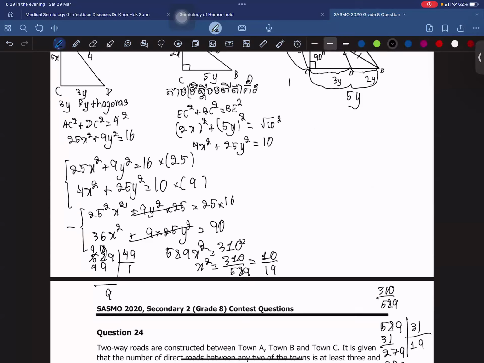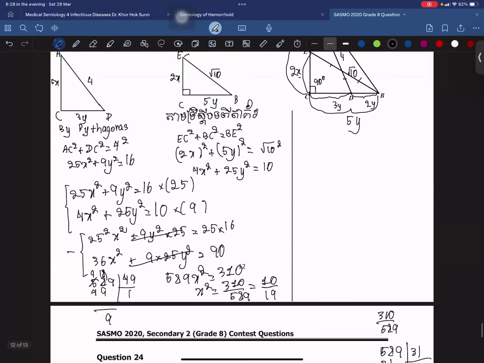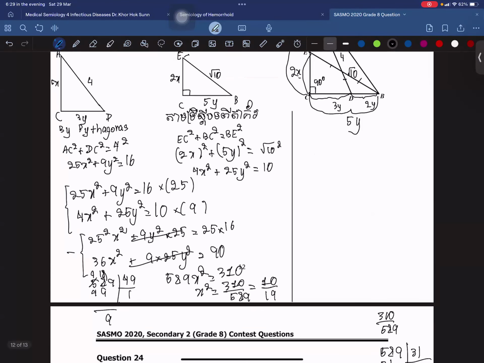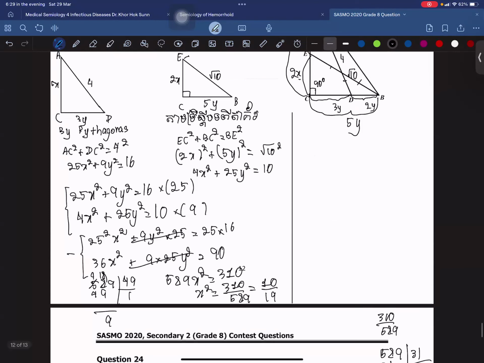Okay, so what do we do next? We need to plug in x squared and then find y squared. So we have 4 times 10 over 19 plus 25y squared equal to 10.